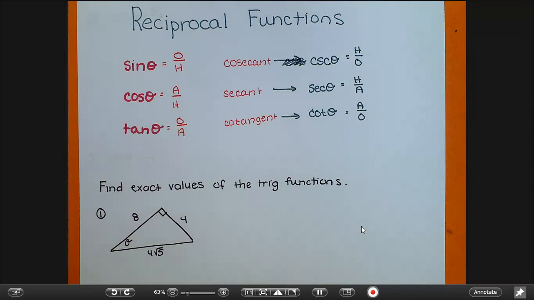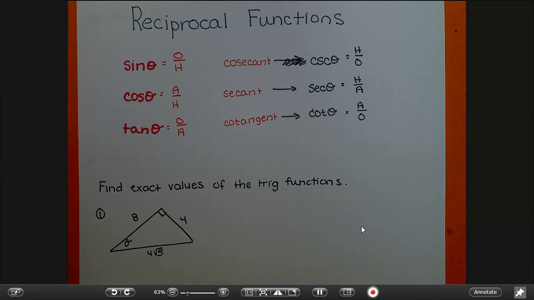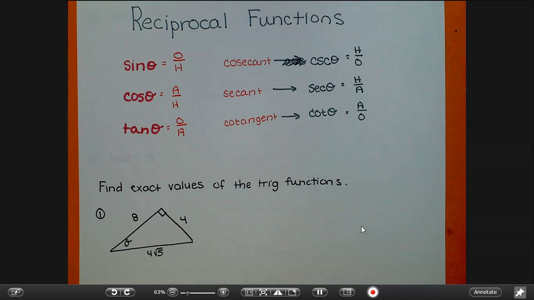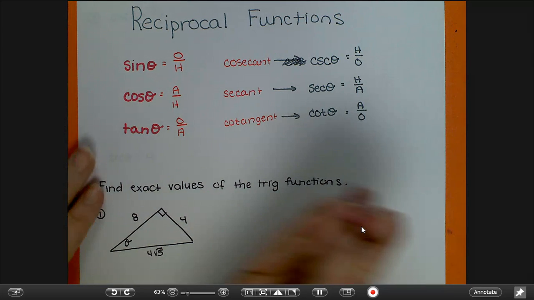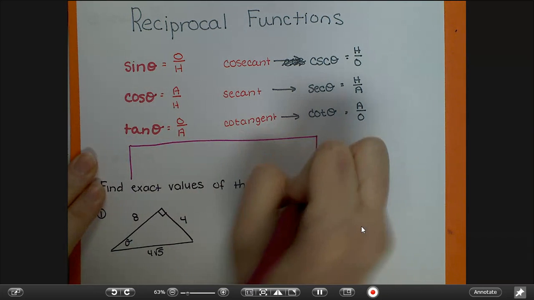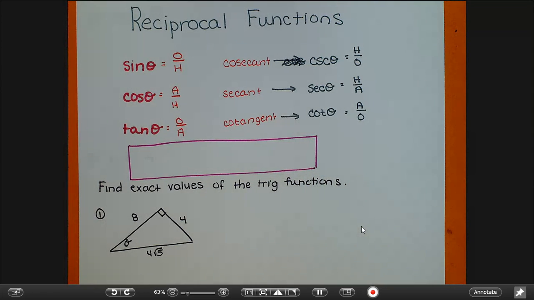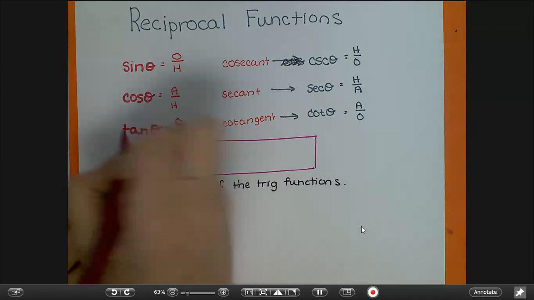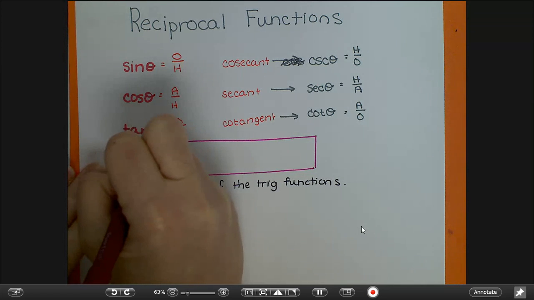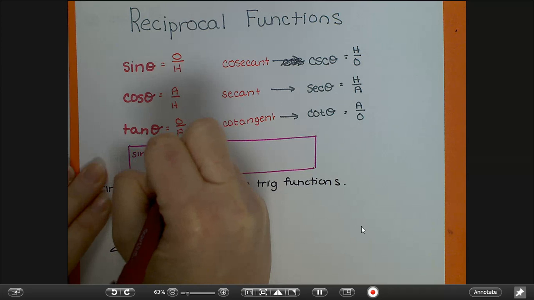Because they are reciprocals, or the opposite of each other, we flip them over, you can actually write these as reciprocals. So I'm going to write that down here just so you can see it. It's also on the back of your notebook and should be something that you memorize as far as how to manipulate things a little bit later. So sine can be written as 1 over cosecant.